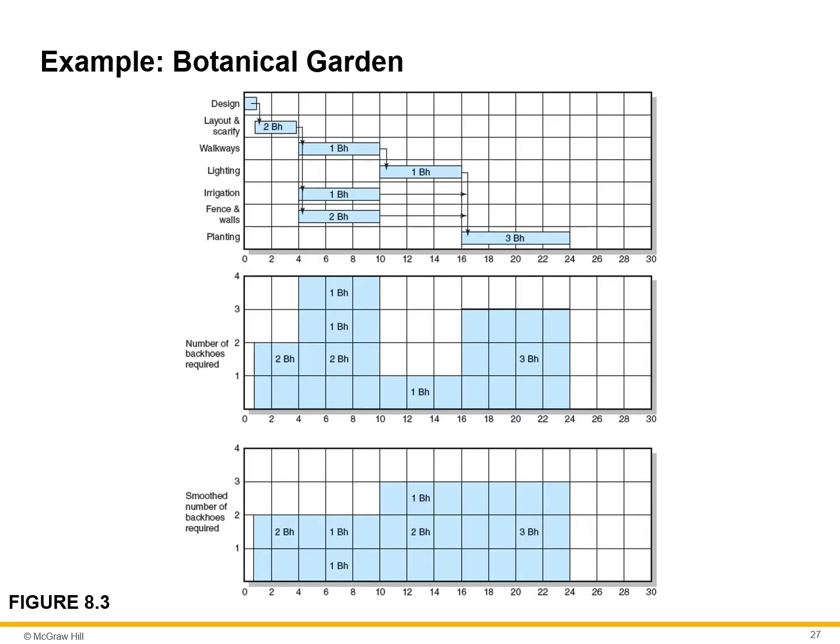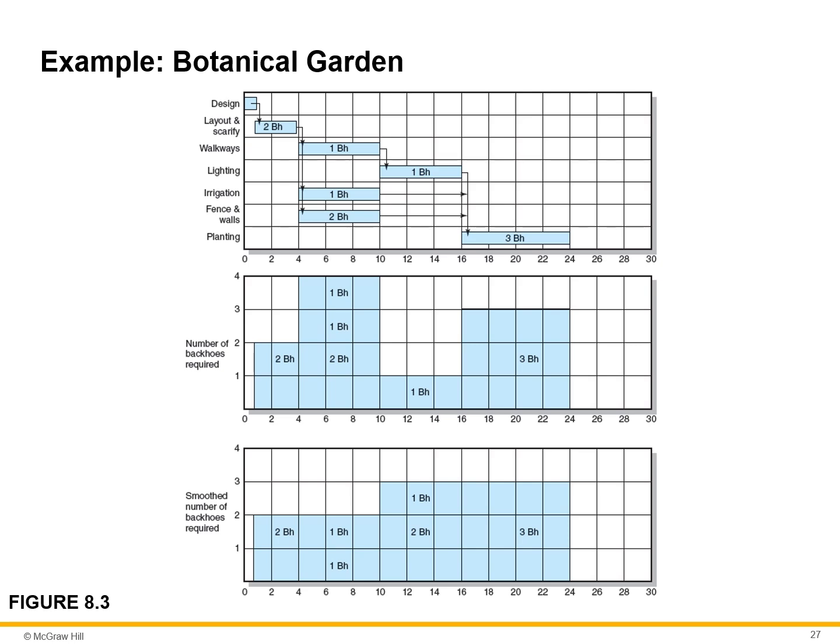This figure shows an example of resource-constrained allocation in a botanical garden. For the purposes of demonstration, the botanical garden project uses only one resource, backhoes. All backhoes are interchangeable. The top bar chart shows the activities on a time scale.